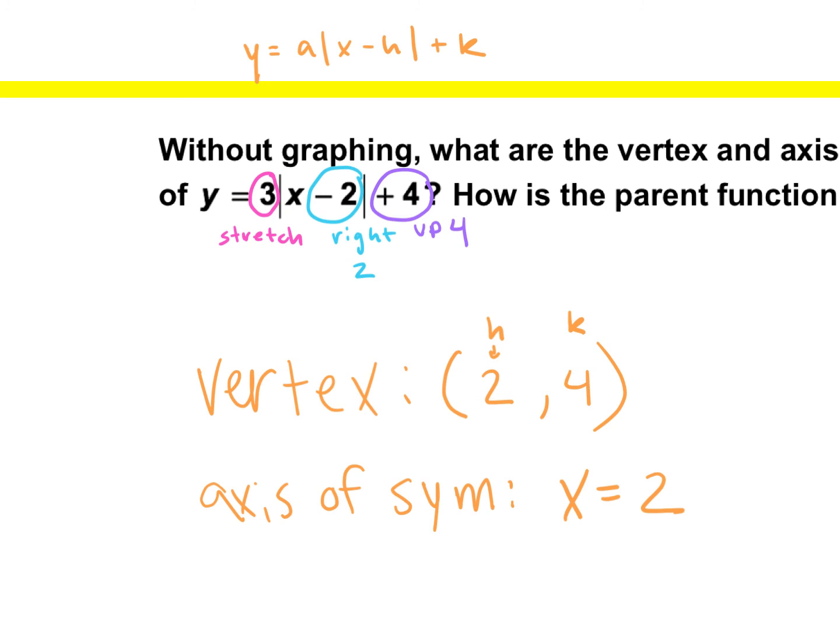The only thing we care about in our vertex is h and k. And when you write your axis of symmetry, you have to make sure you have that x is equal to. You can't just put 2. Do you guys have any questions here? So it won't be negative 2.